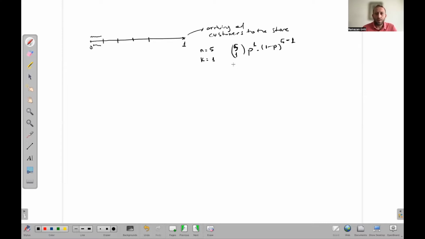In general form, it is n choose k, probability of success to the k, the number of successes, and probability of failure to n minus k. So this is the general form of the binomial distribution.